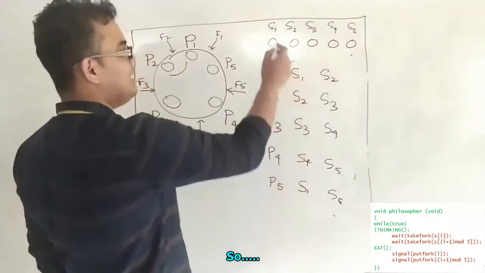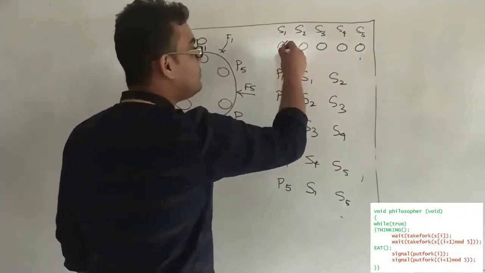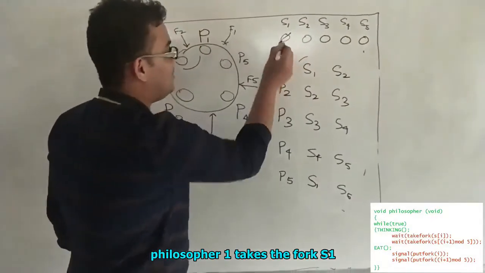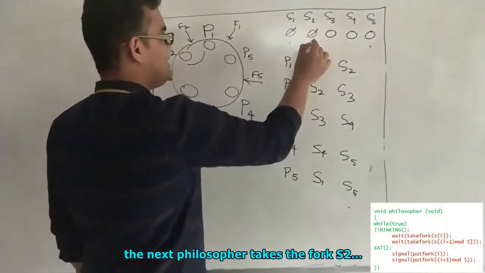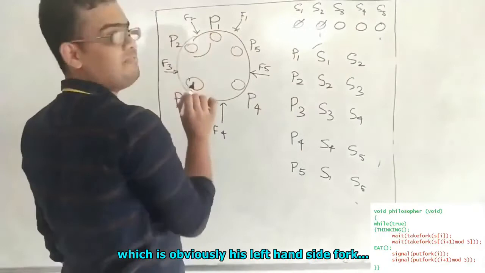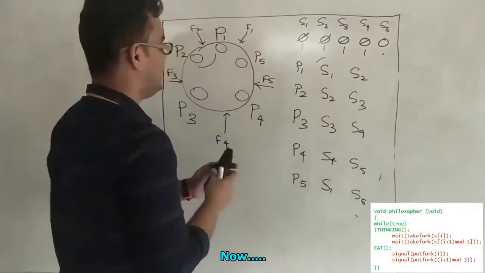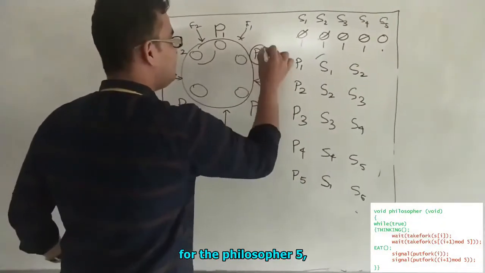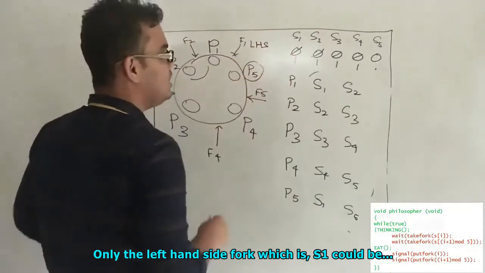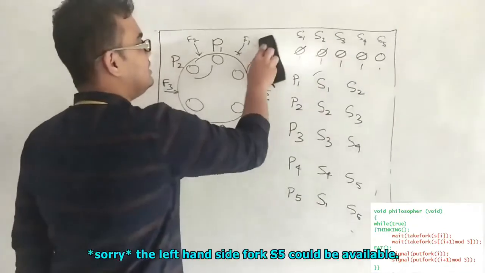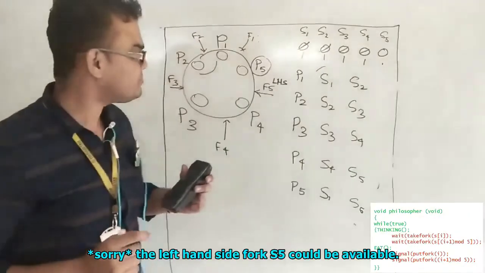S1 and S5. So philosopher 1 takes the fork S1. The next philosopher takes the fork S2, which is obviously his left hand side fork, followed by S3 and S4. Now for philosopher 5, only the left hand side fork, which is F5, will be available.